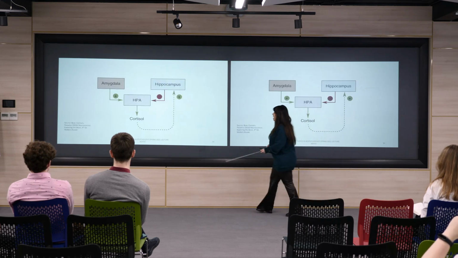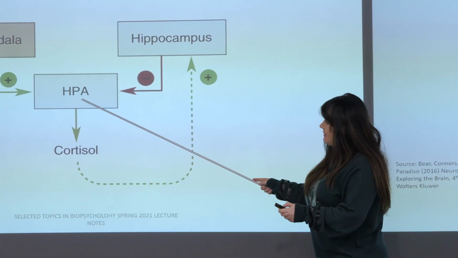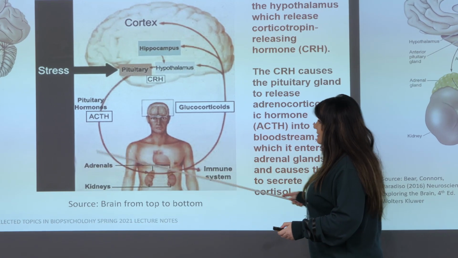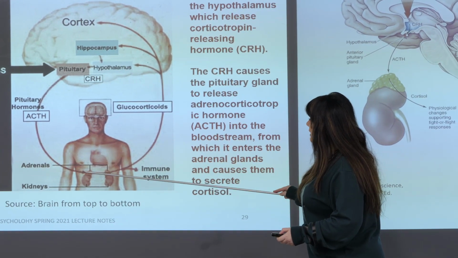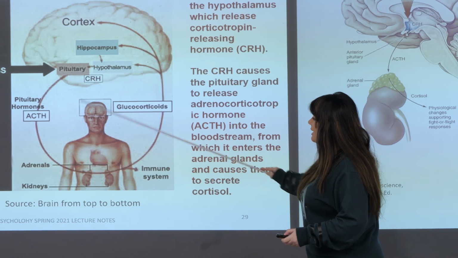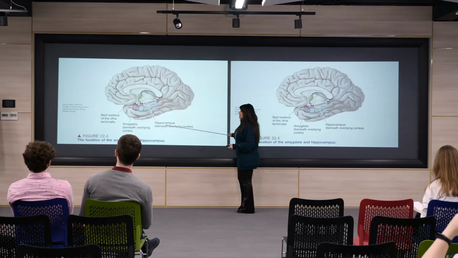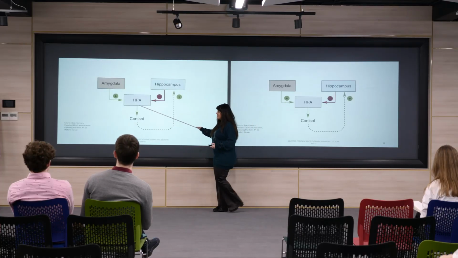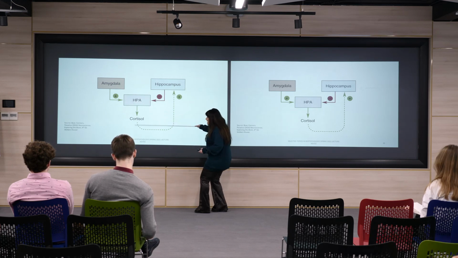Here is the HPA axis. This HPA axis is this system: hypothalamus, pituitary, and adrenal axis. The HPA axis receives signals in a positive way, meaning it stimulates this system.